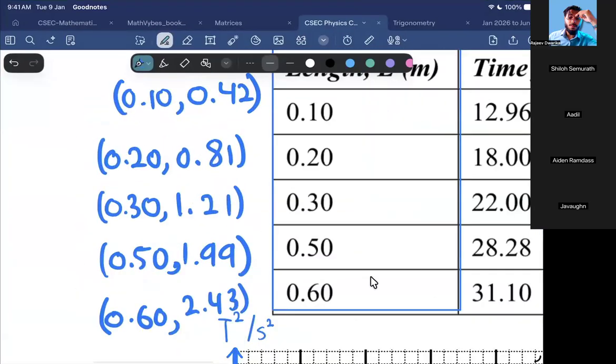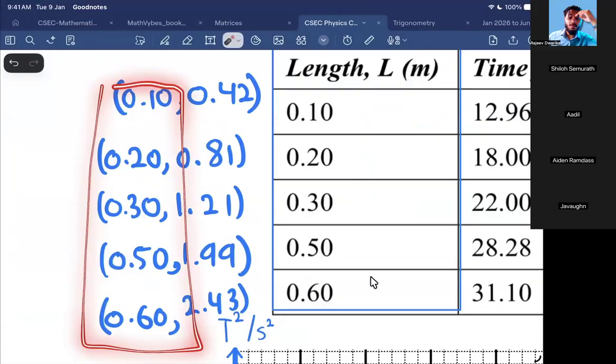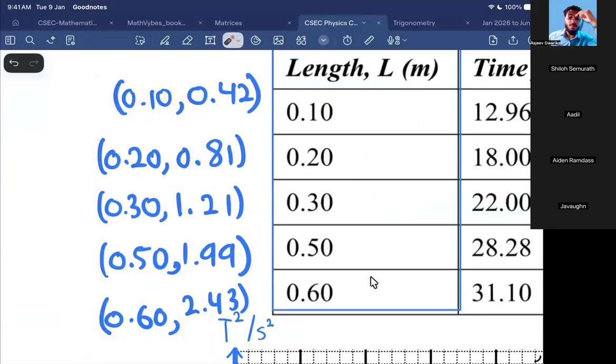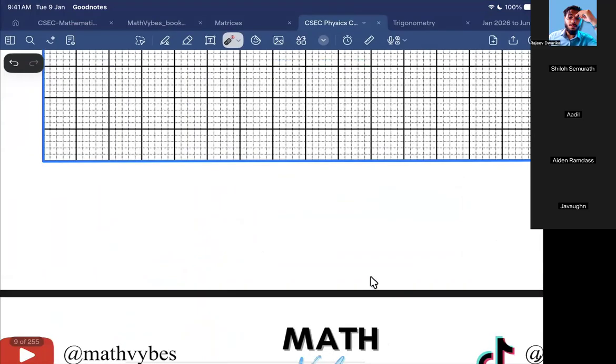Right, so what's the biggest value we have to go up to on the x-axis here? Look at the x values. What's the biggest value? 0.6.